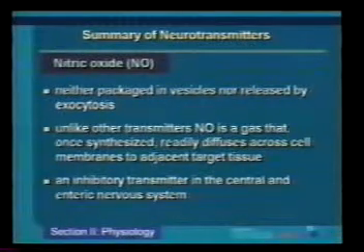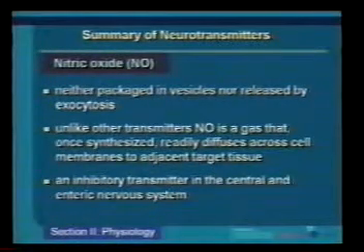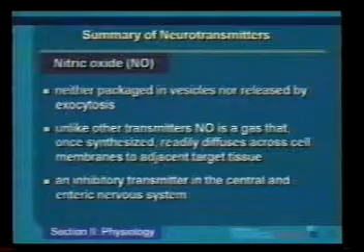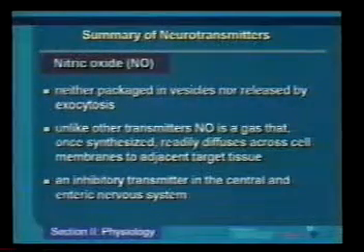So nitric oxide is a lipid-soluble transmitter. It is synthesized as it is needed. The big point here, it is synthesized as it is needed, and it is also an inhibitory transmitter in the central nervous system and the enteric nervous system.